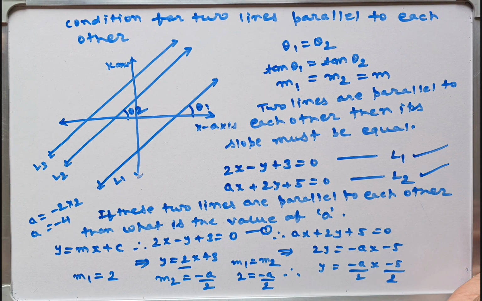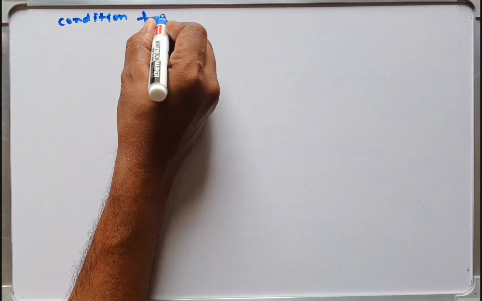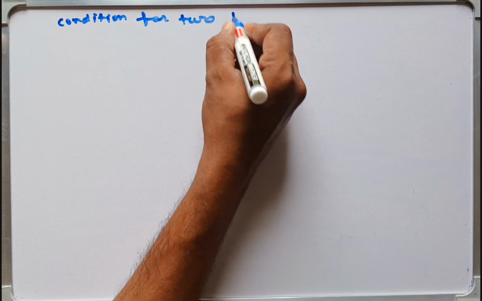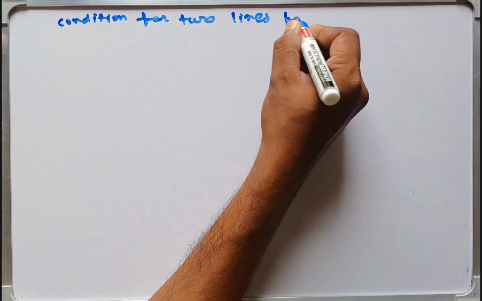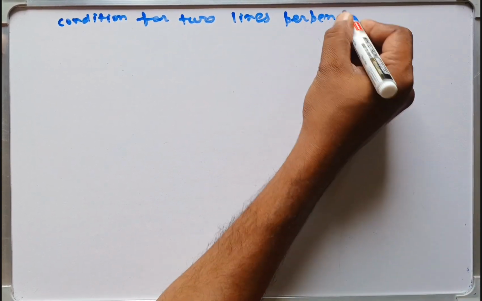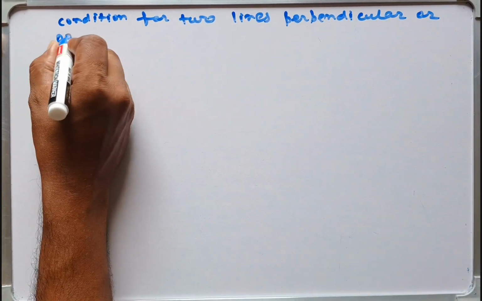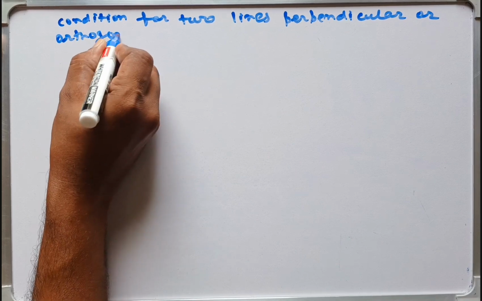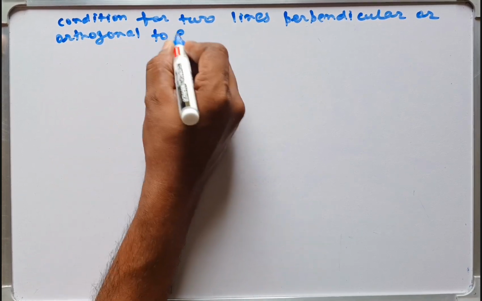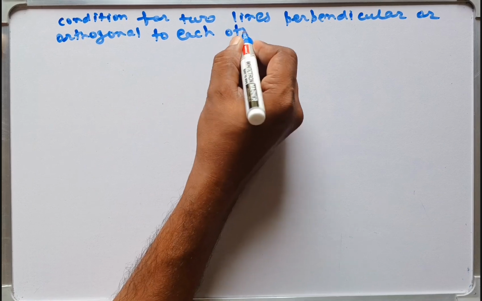Okay guys, now see the condition for two lines perpendicular or orthogonal to each other.